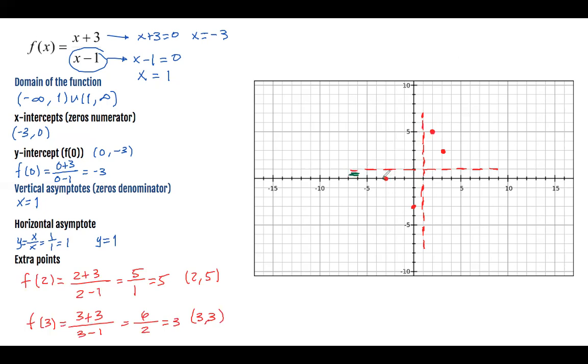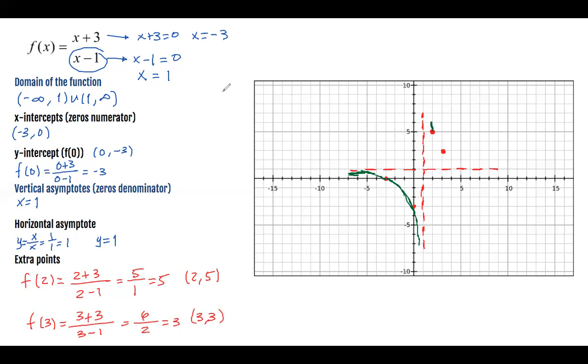From the given coordinate, we're going to approach the horizontal asymptote. From this point, we're also going to approach the vertical asymptote. Now we're going to complete this side of the graph. From this point, we're going to approach, but not cross, the vertical asymptote.